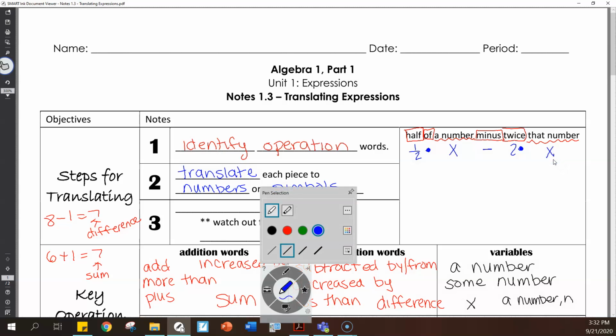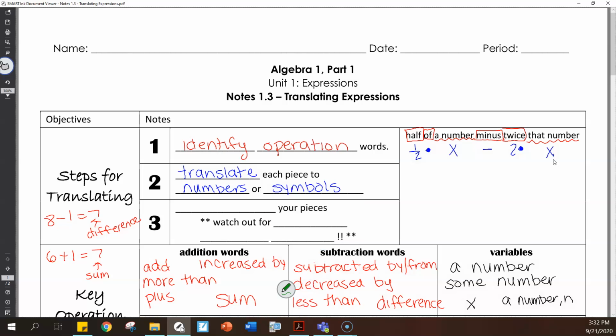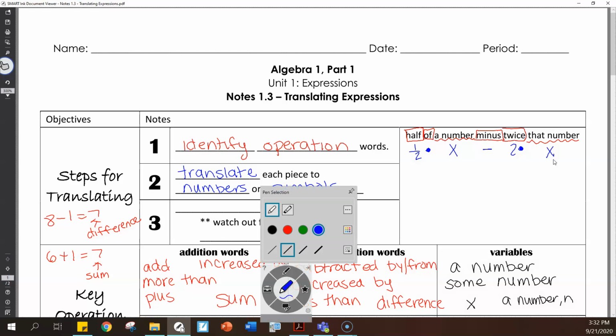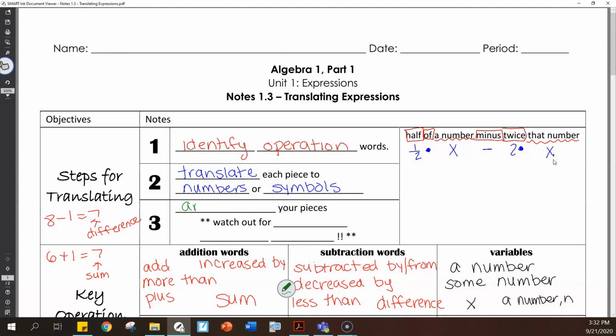And then the last thing I want to do is arrange my pieces. Okay, I need to arrange those pieces. Now, what do I really need to do there? It already says half a number, so 1/2 times x.